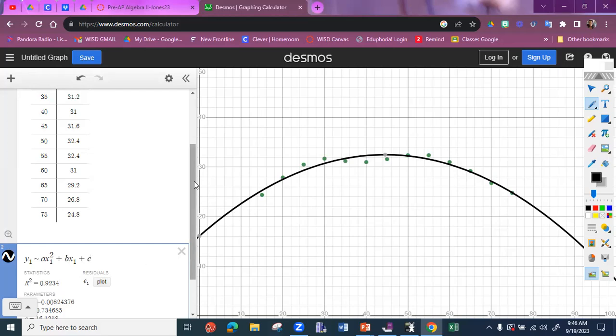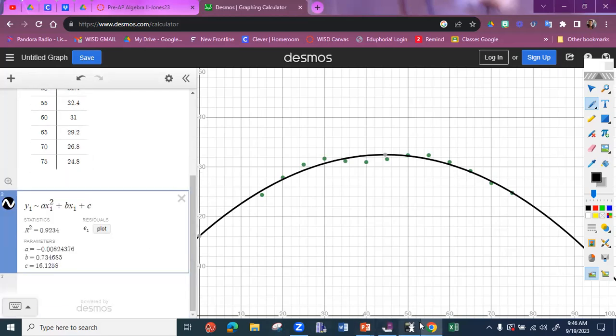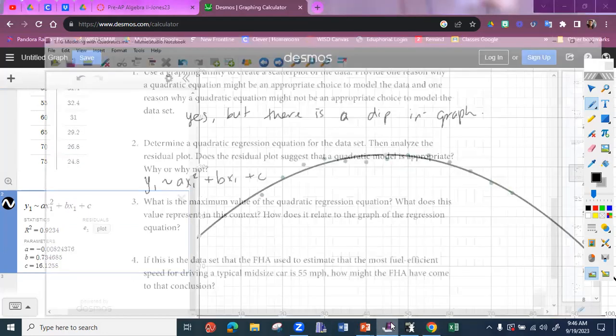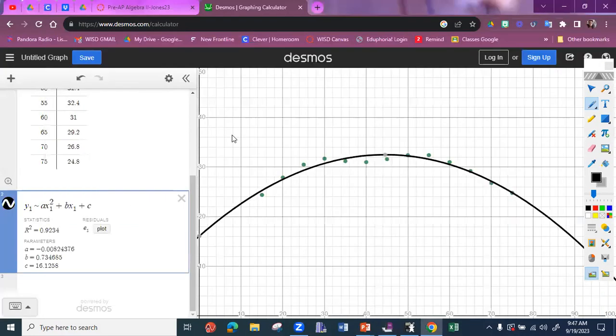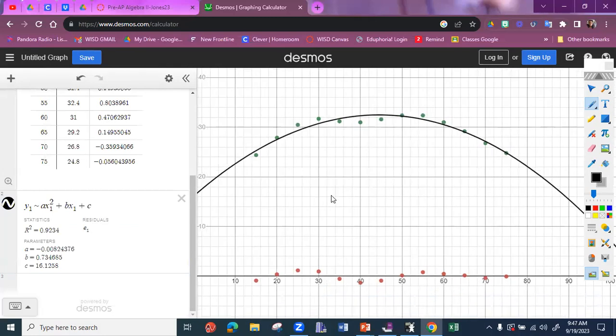So it said to find your regression equation, found it. And then it said determine a quadratic regression equation for the data set, then analyze the residual plot. So your residual plot on Desmos literally just means, you see where it says residuals? You press plot. And now you're allowed to see your residual plot. Your residual plot is saying, how does it interact around the x-axis?